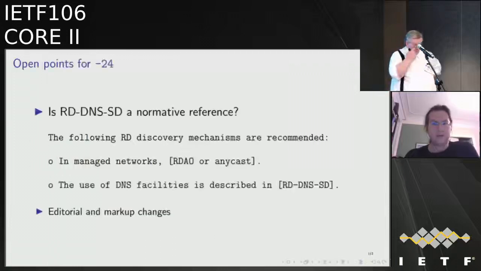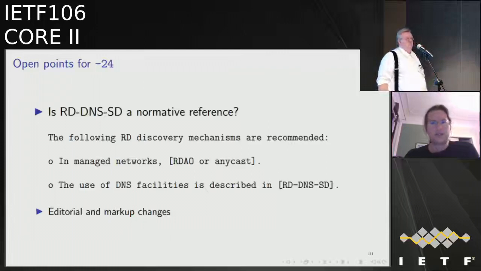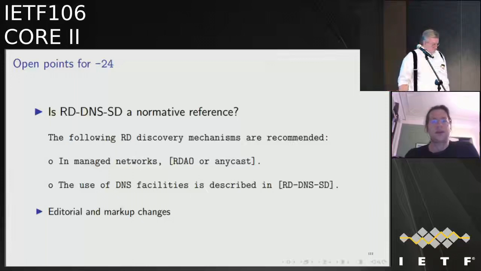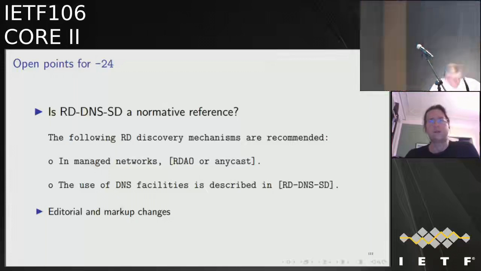A lot of editorial things that we need to fix, and one large question that is the question of the normativity of RD DNSSD. To summarize, what we are saying about DNSSD is that it is something that is being worked on, and it is one of the ways that you can use to find your resource directory.